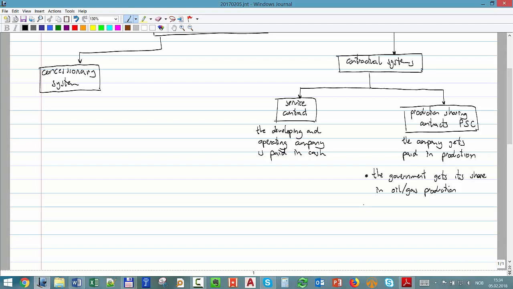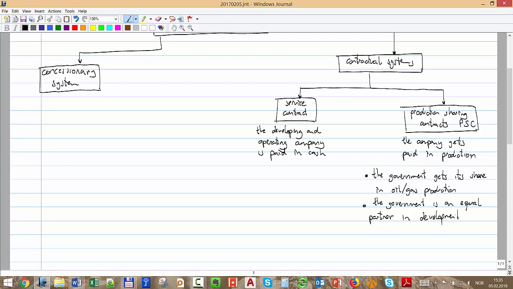Then the government is an equal partner in the development of the asset, in the development and operation of the field, so they can really affect all the decisions. They have more power to decide.